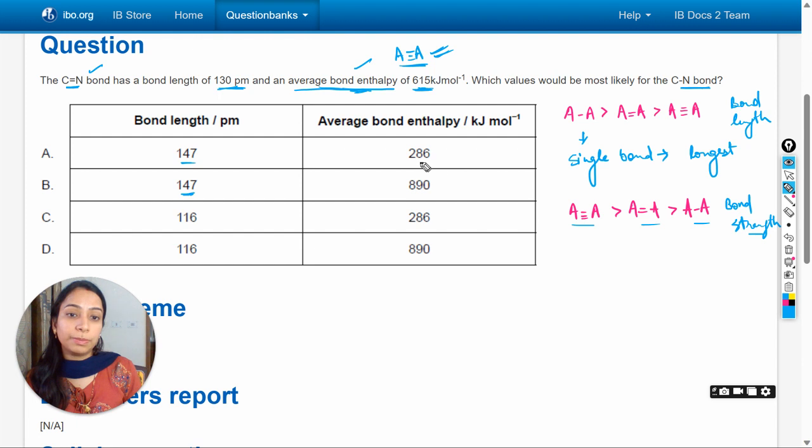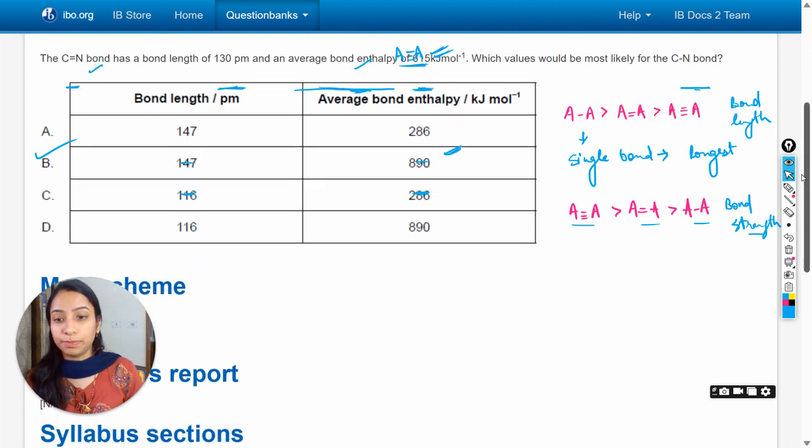So here you can see here is 286 and here is 890. 286 is lesser than 615 and 890 is more than 615. So the bond strength is less here, so bond enthalpy will also be lesser, which means 286. So answer should be A option.